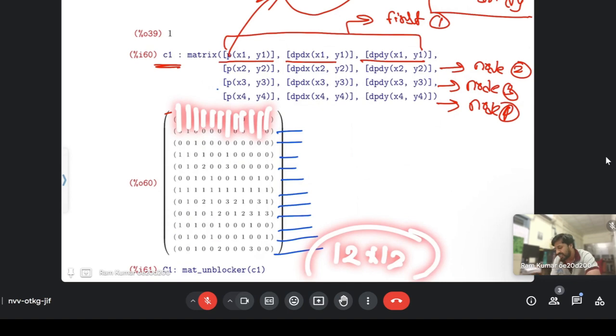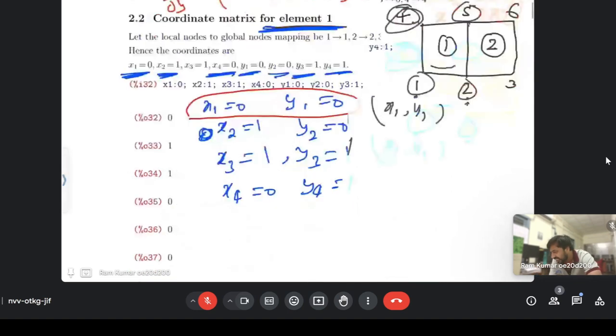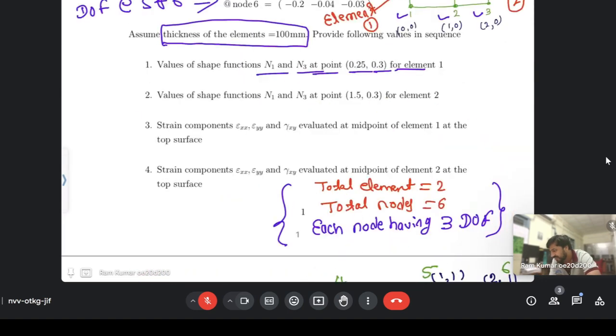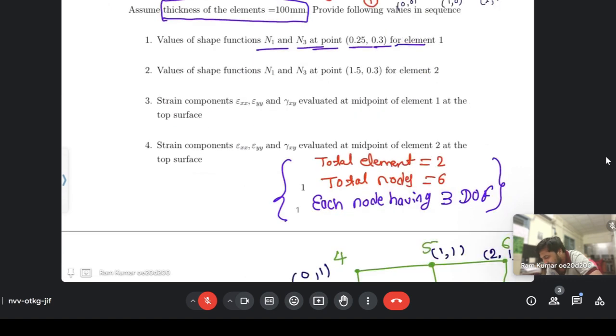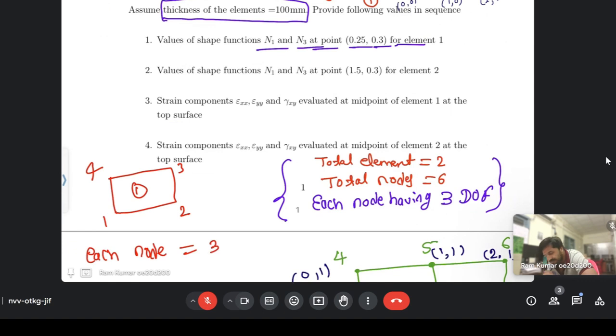If you remember what I told you in the first class, how many nodes do we have for one element? This is our one element. We have nodes 1, 2, 3, 4, a total of 4 nodes, and each node has 3 degrees of freedom.